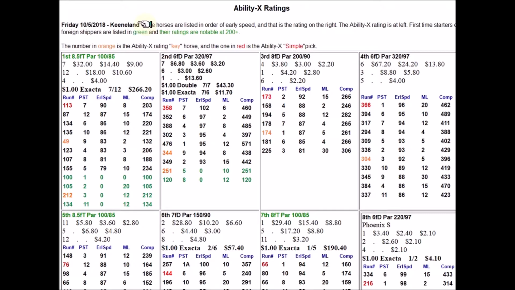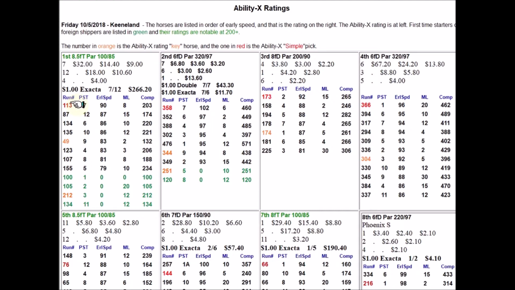In particular, I'd like to mention a couple of highlights, but especially one of the many ways that Ability X ratings work for people, not form handicappers so much, since they're kind of screwed up with velocity quotients and track biases and all that kind of stuff, track propulsion theory, speed ratings, and such.